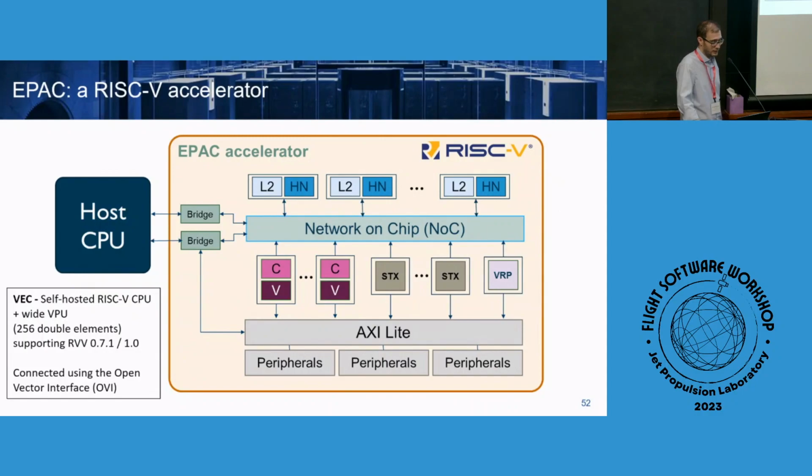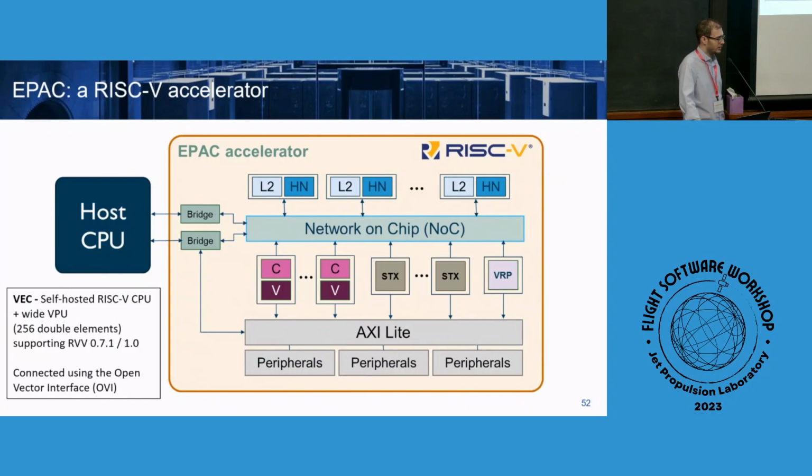Here you can see the high-level picture of the RISC-V accelerator of EPI. It's a self-hosted RISC-V CPU with wide access vector processing unit, 256 elements wide. And this is compliant with the RISC-V vector specification, the 0.7 and the 1.0.